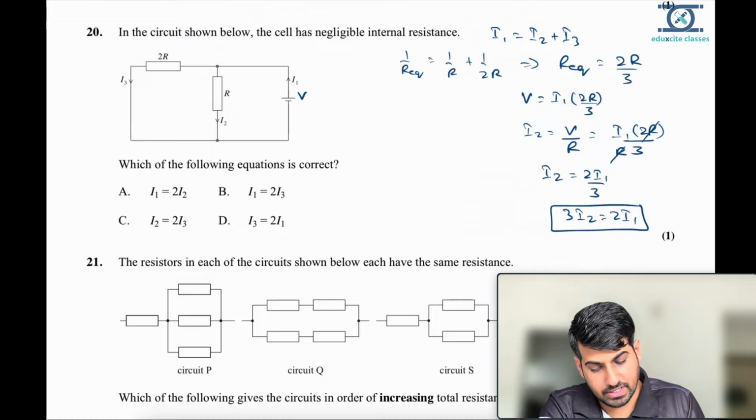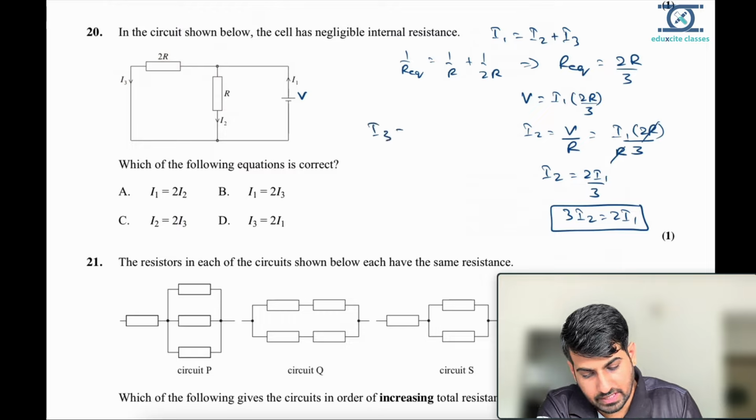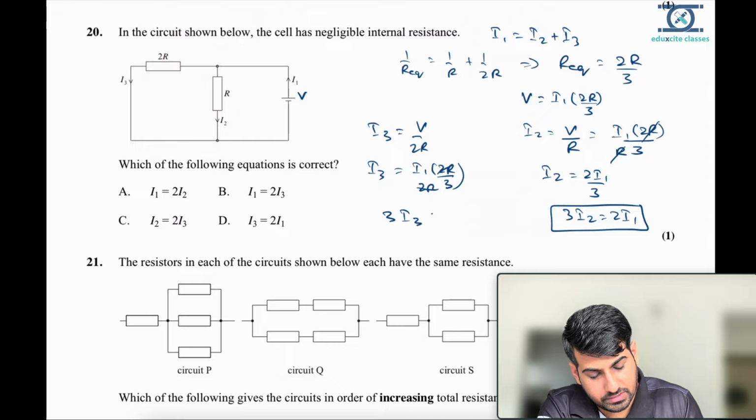Is this relation given? No. So what we can do is, now for I3, I3 will be V by 2R, again V is I1 into 2R by 3, divided by 2R. So this and this get cancelled. So we get 3I3 equals I1.